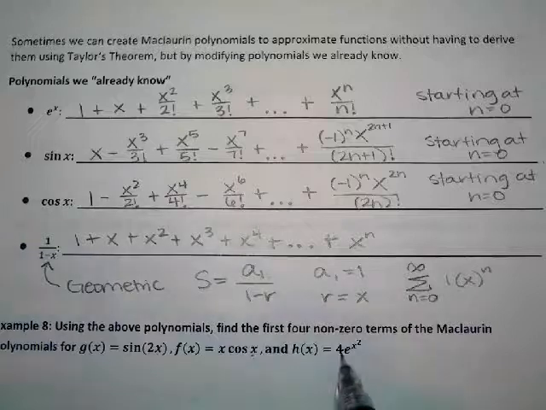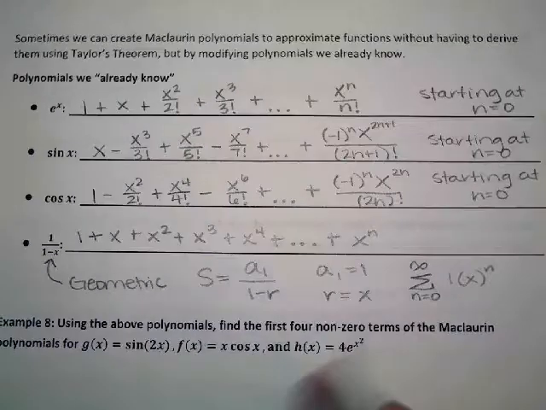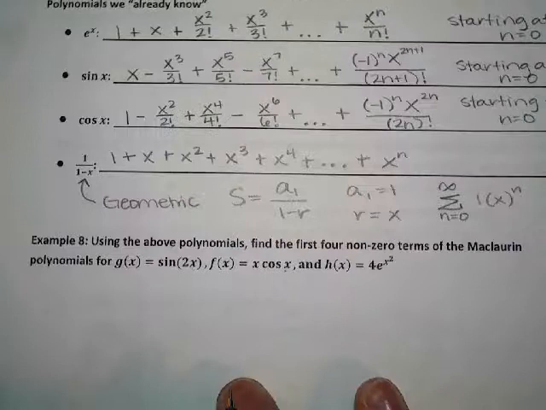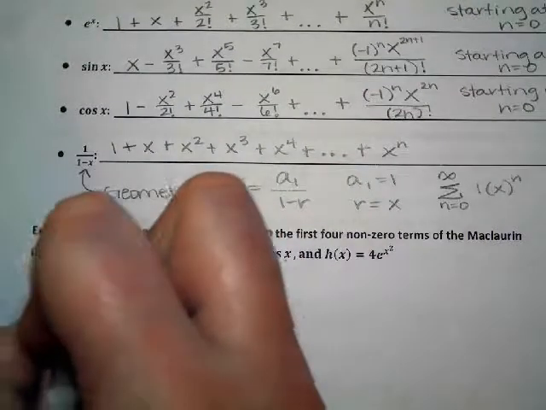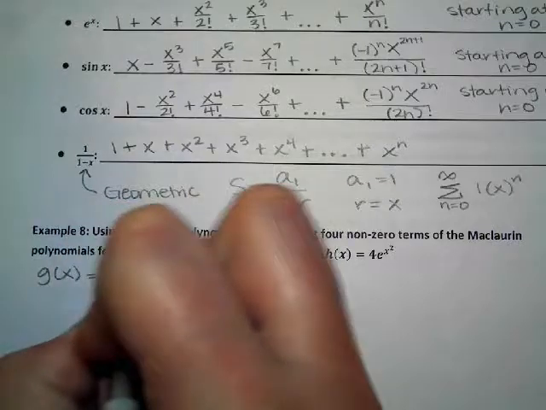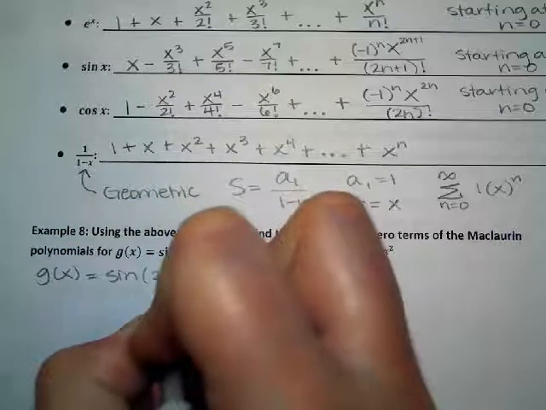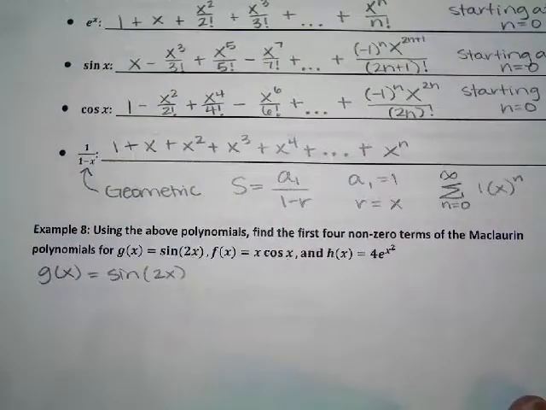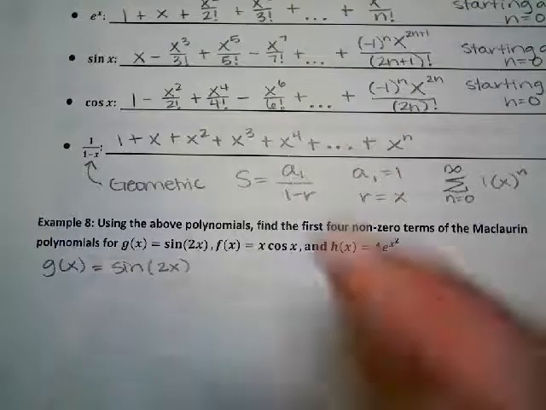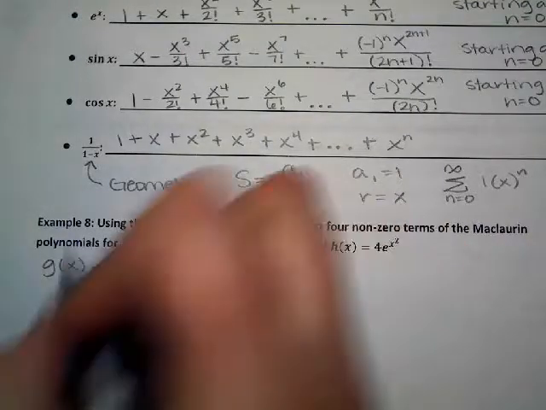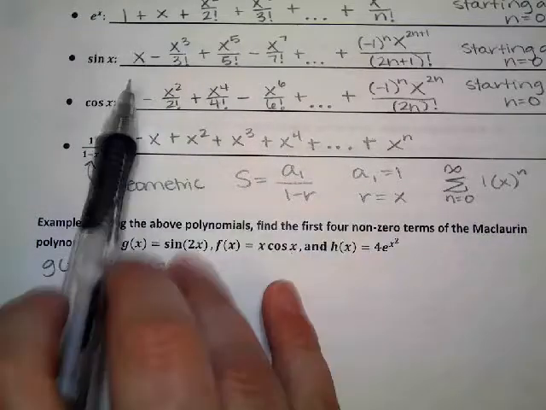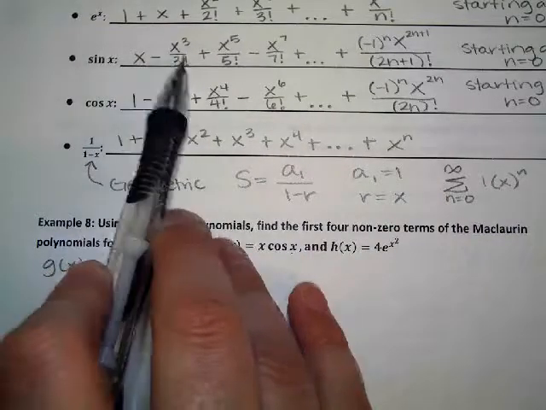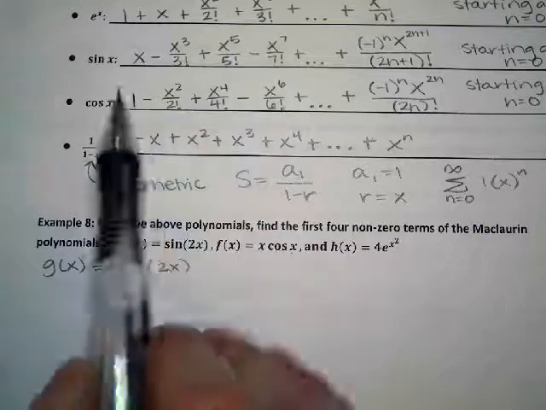So if you have g of x equals sine of 2x, then we're going to take the first 4 non-zero terms, and instead of writing x, where all the x's are, we're going to replace it with 2x.